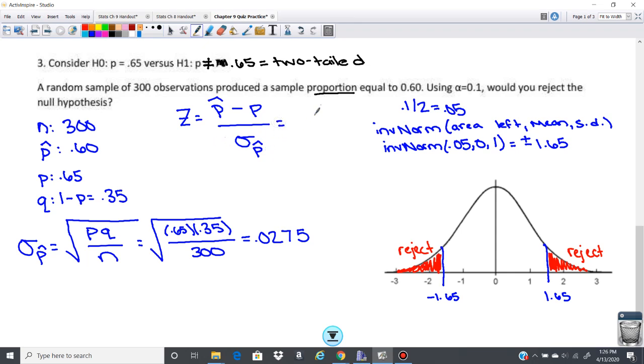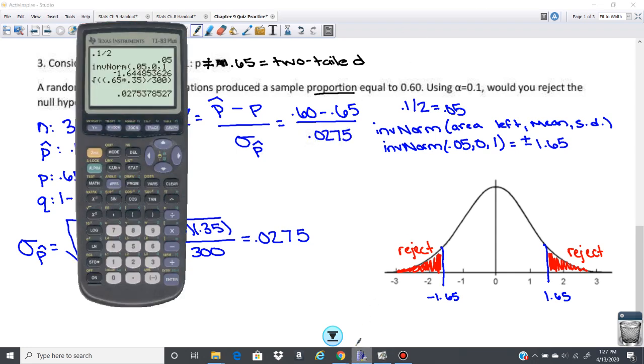You've got P hat is 0.60, P is 0.65, and then we've got 0.0275. So 0.60 minus 0.65 divided by 0.0275 gives us negative 1.8182.